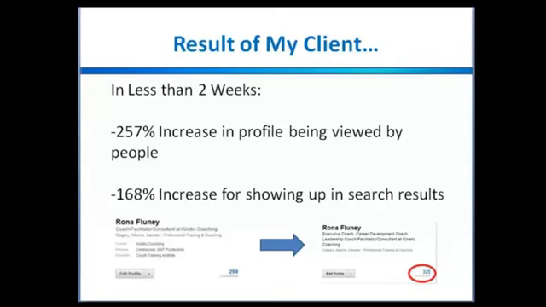And I didn't do anything else to her profile or implement any other LinkedIn marketing strategies. This was just the result of us optimizing her profile. So let's get started in terms of how you can start achieving results for lead generation and showing up more in search results.